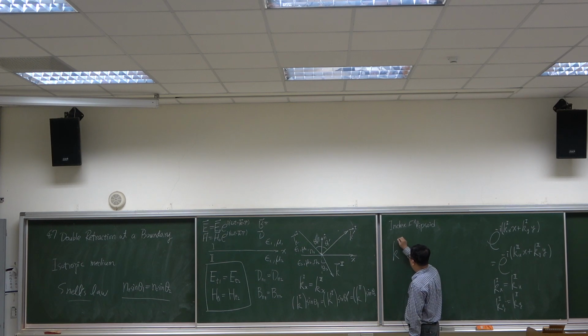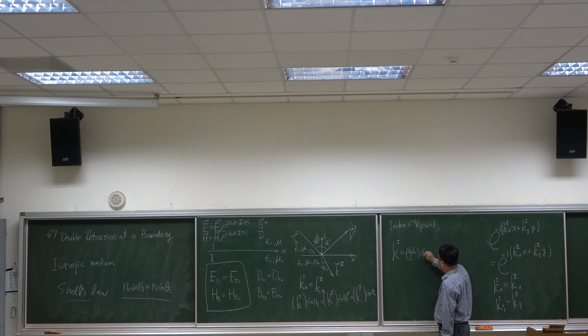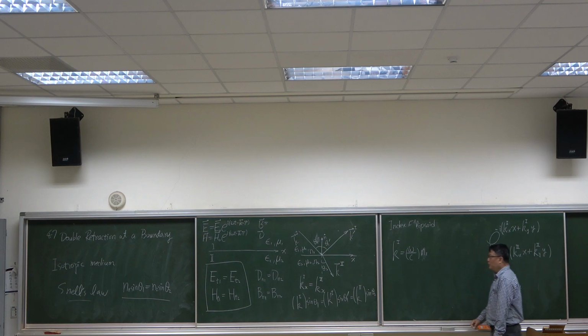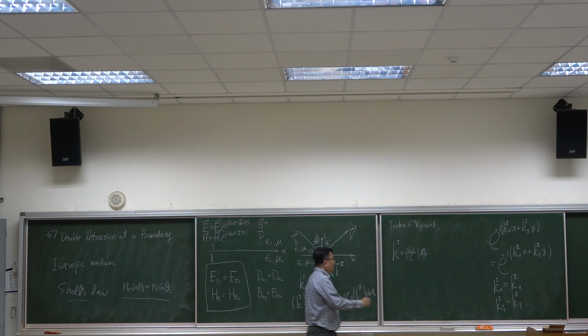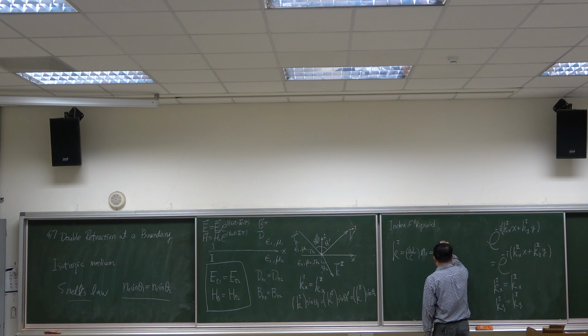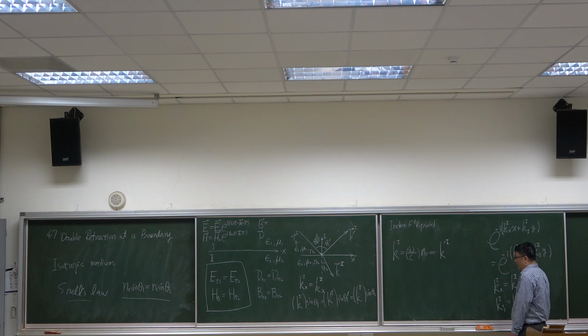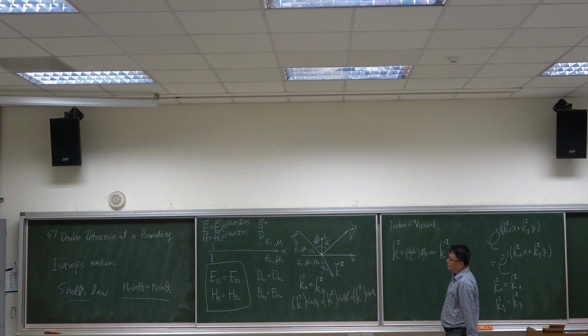What is the magnitude of K1? This is just omega over c times n1. n1 is the refracting index of the first medium, and in fact this is also equal to K1 prime. K1 and K1 prime have the same magnitude but different direction. And what is K2?